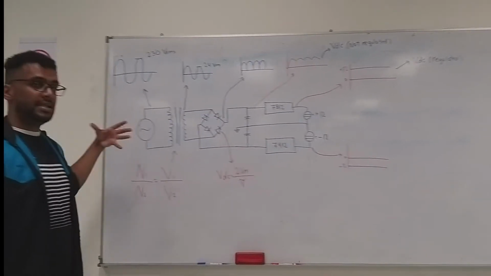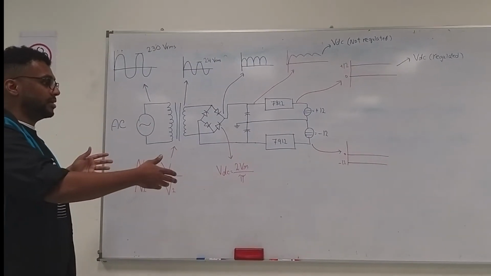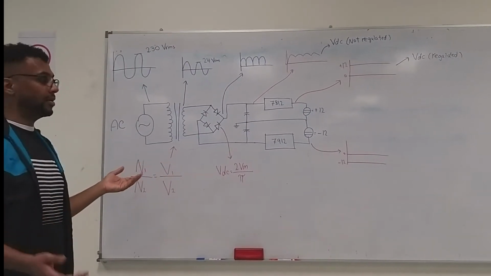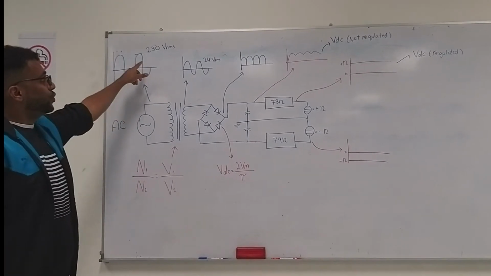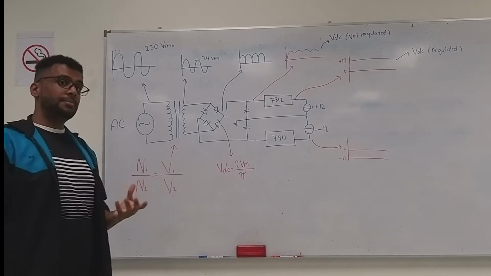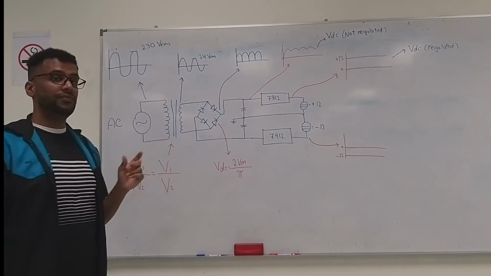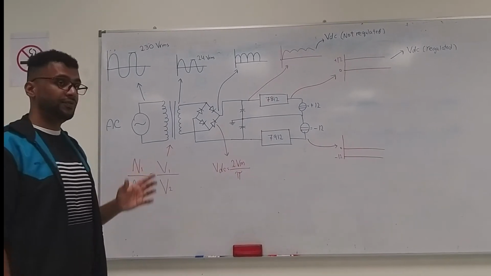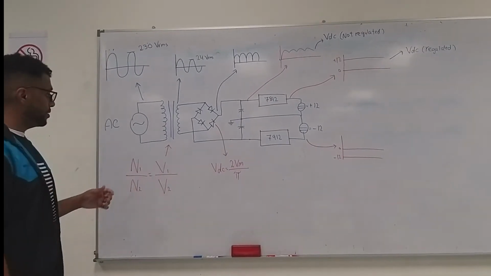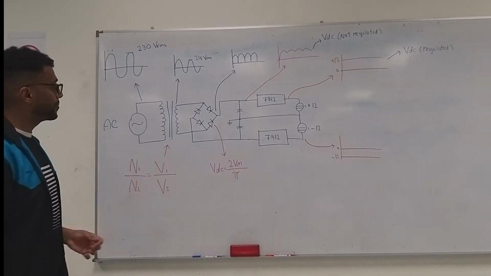The AC value is any socket provided in our house, 230 VRMS. Our transformer is a step down transformer, which steps down from 230 VRMS into 24 VRMS. And this is the formula we use to make this happen.